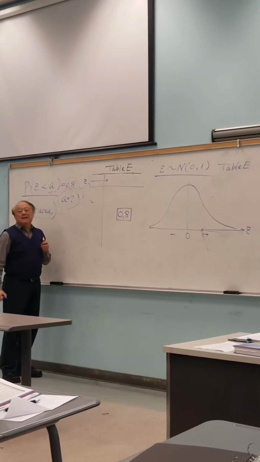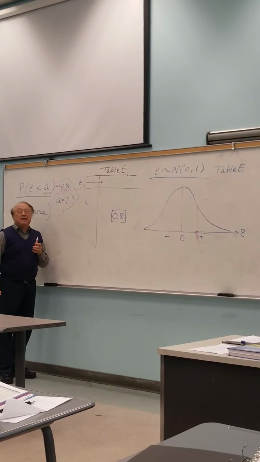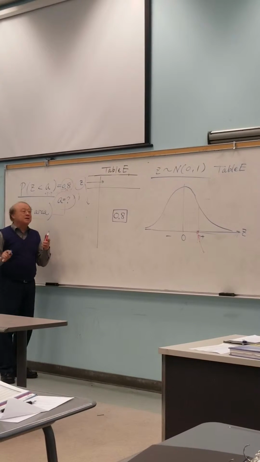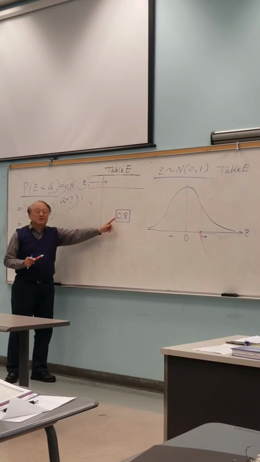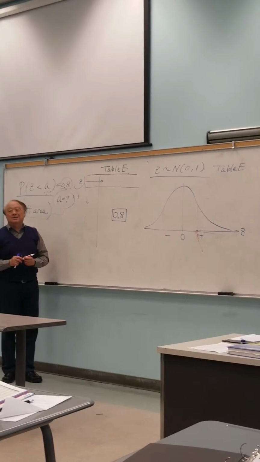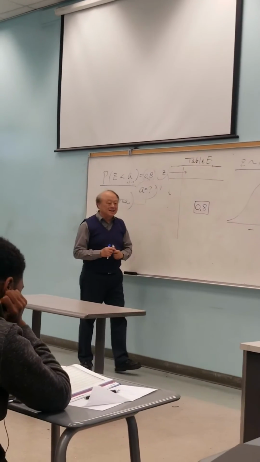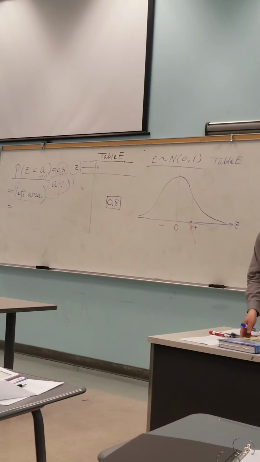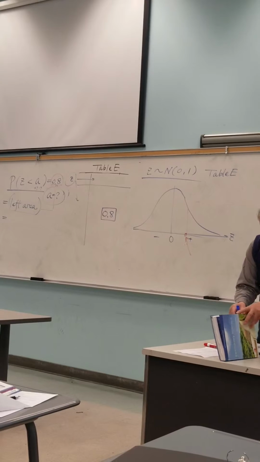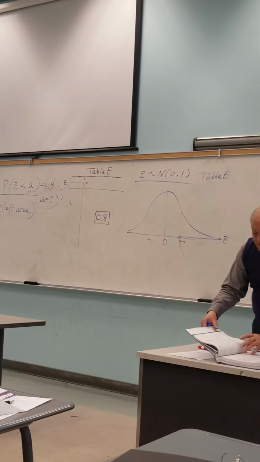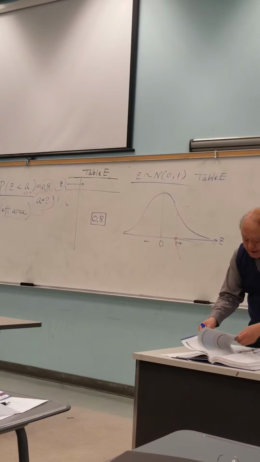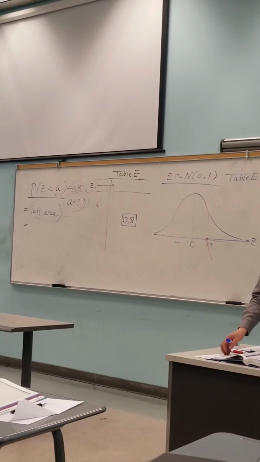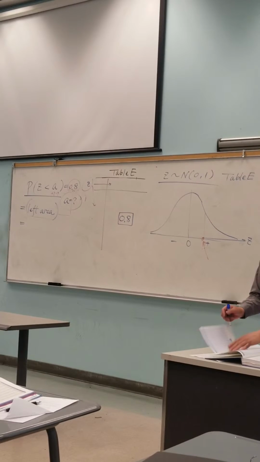In the body of your table, there are left areas. What is the closest left area to this? Go to your table. Have you found the closest left area? 0.85?